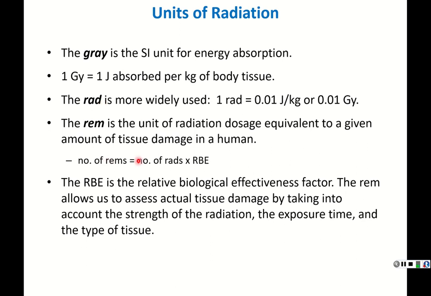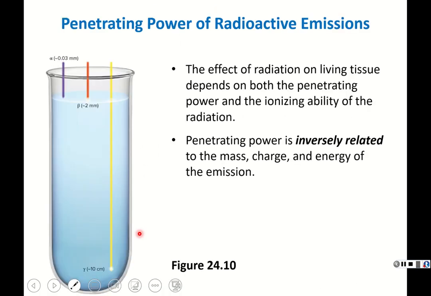So the number of rems equals the number of rads times RBE, and the RBE is the relative biological effectiveness factor that the rem allows us to assess actual tissue damage by taking into account, 1, the strength of radiation, 2, the exposure time, and 3, the type of tissue. Okay, so rem is probably the most accurate or best description of it, but in terms of our class, it'd be the hardest for us to have you calculate. So I'm not gonna have you do that.